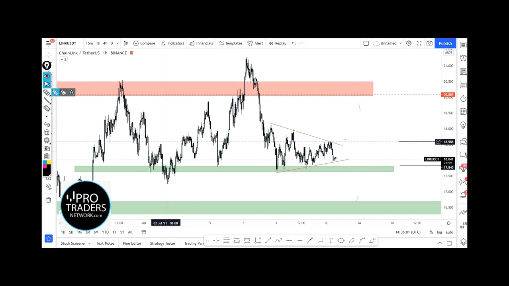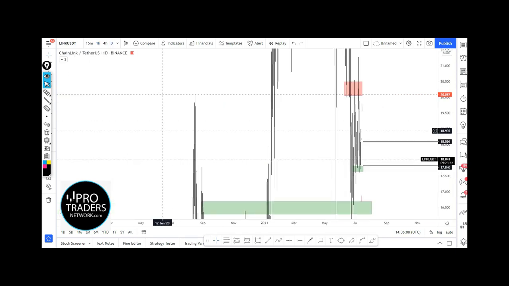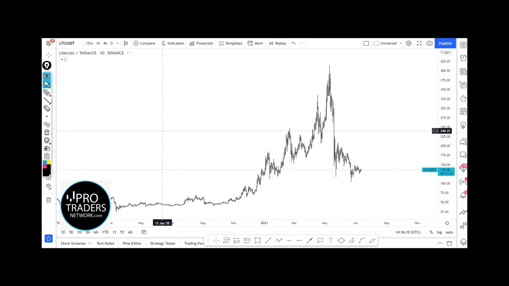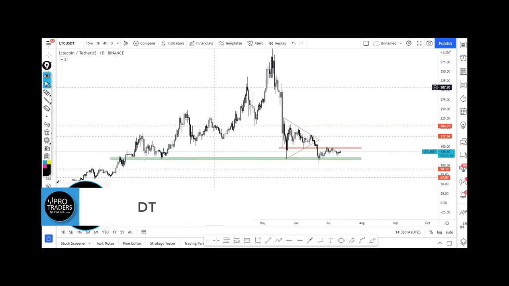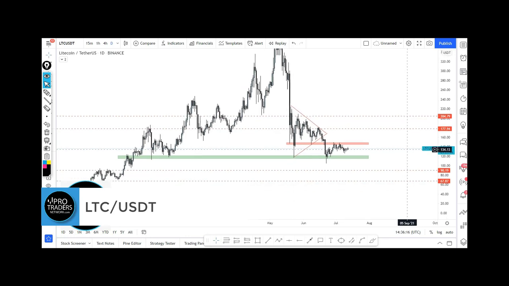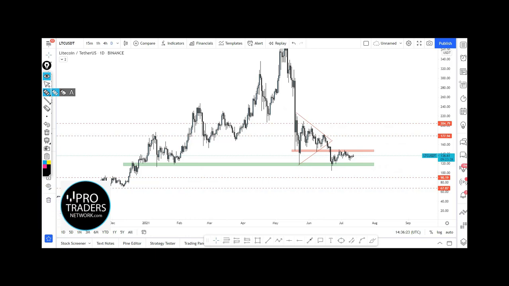Let's have a look at Litecoin on the daily time frame, the LTC USDT. Here we are on the daily time frame of LTC USDT. As we can see, we are also in a range for LTC in the bigger picture.